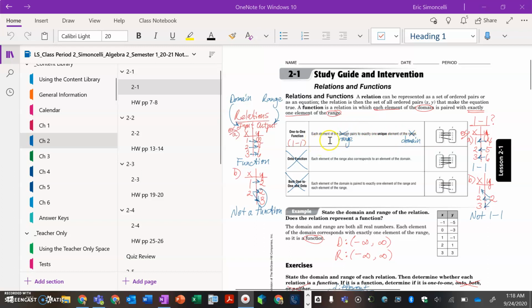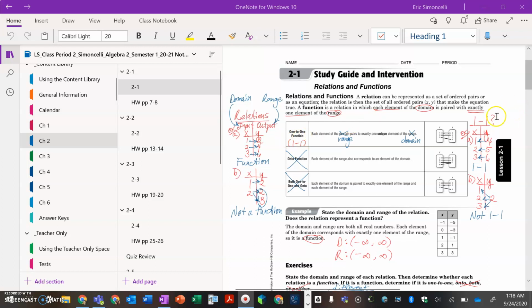Each element of the range pairs to exactly one unique element of the domain. If it read as each element of the domain pairs to exactly one unique element of the range, it would read very much like the definition of a function. One-to-one is not the same idea as a function.